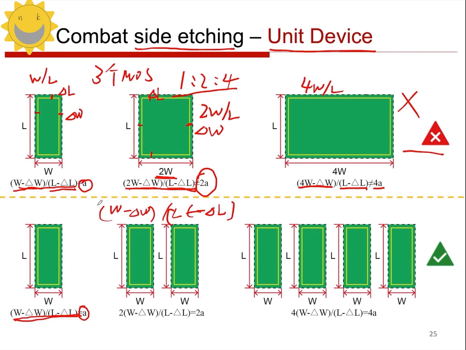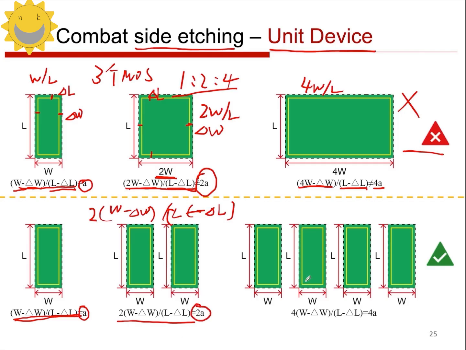So after paralleling, the ratio is directly multiplied by 2 in the numerator, right? It's directly multiplied by 2. So we can see that the overall width to length ratio is 2 times (W minus delta W) over (L minus delta L). This result, when compared to the first one, shows that it is exactly double the first one. So, in the second case, its effective width to length ratio is 2A.